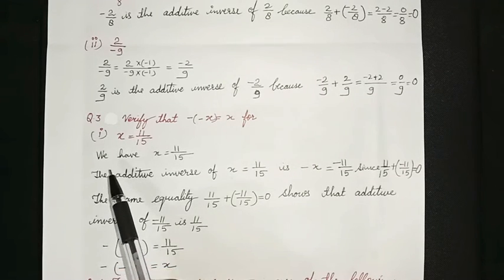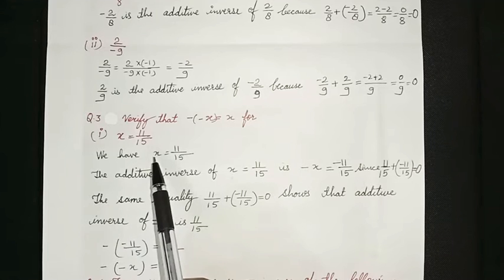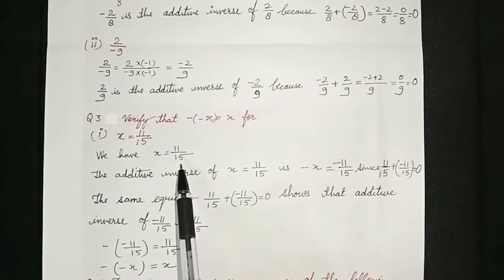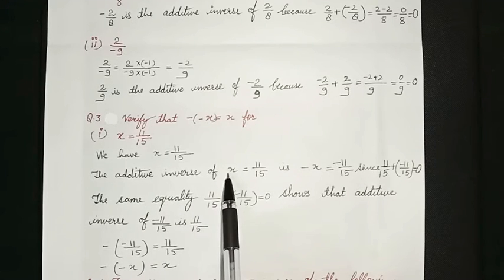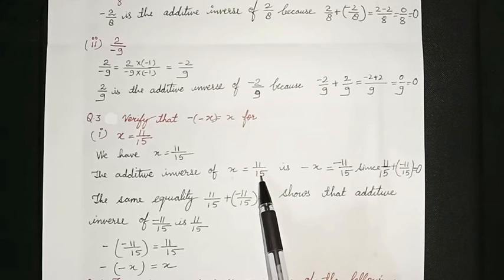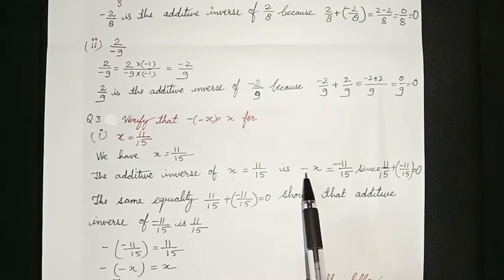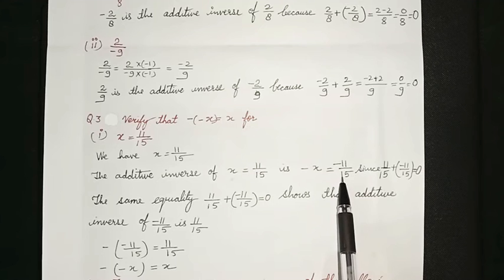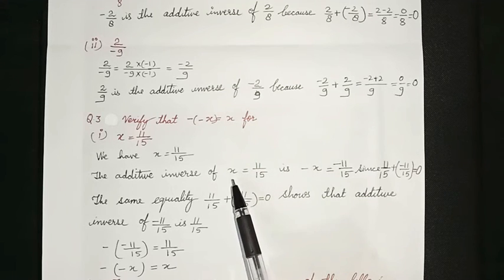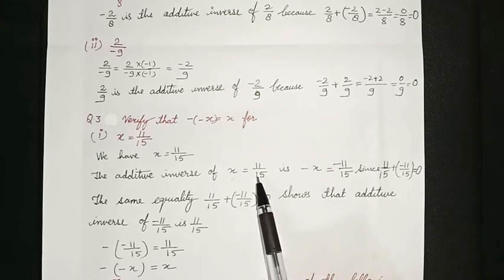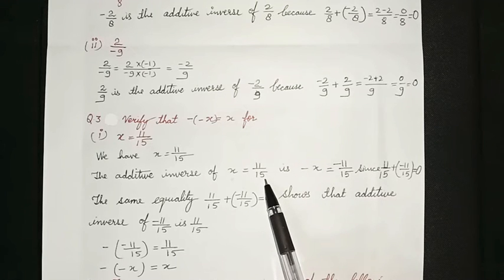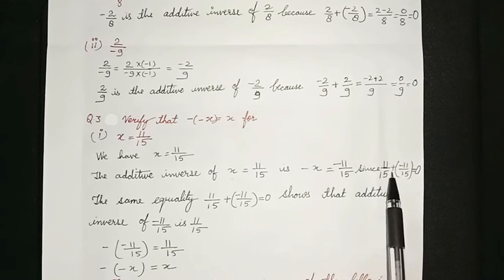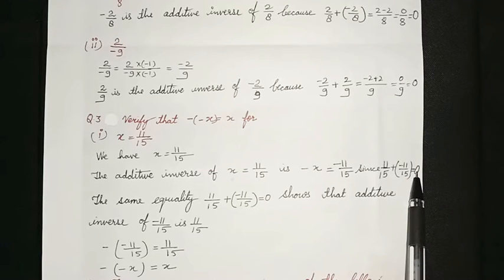In the first part, we have x equal to 11 upon 15. The additive inverse of x, which is 11 upon 15, is minus x, which is minus 11 upon 15. Means the additive inverse of x is minus x, and the additive inverse of 11 upon 15 is minus 11 upon 15, because 11 upon 15 plus minus 11 upon 15 is equal to 0.